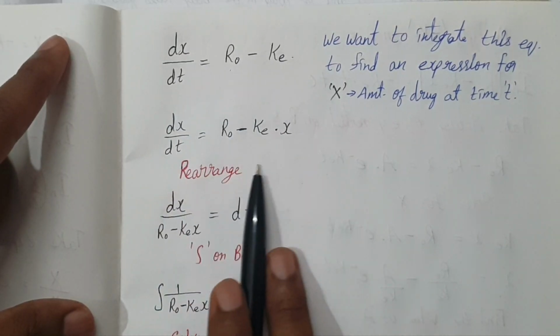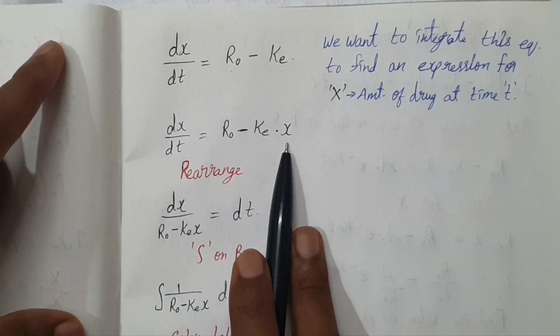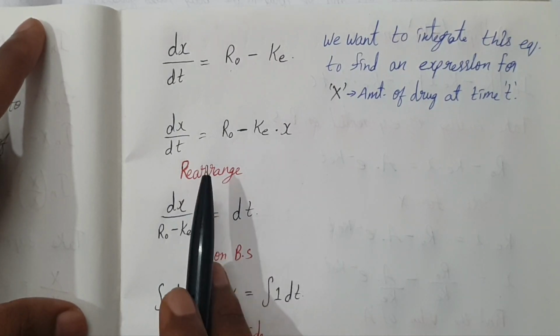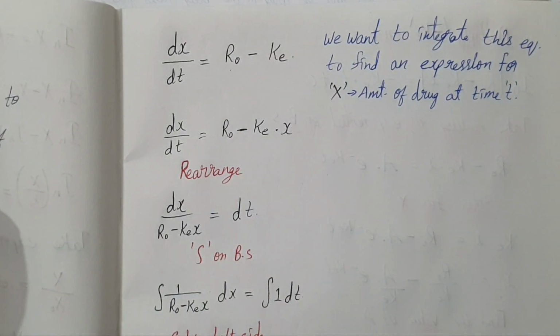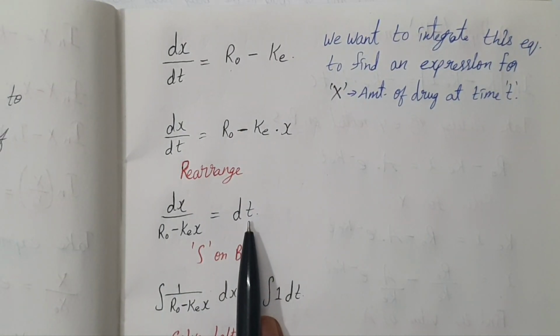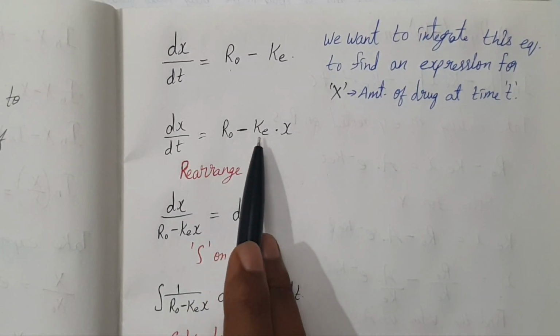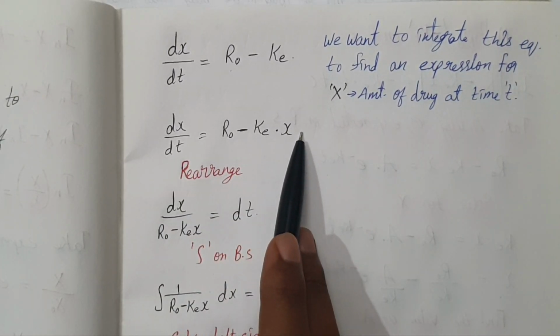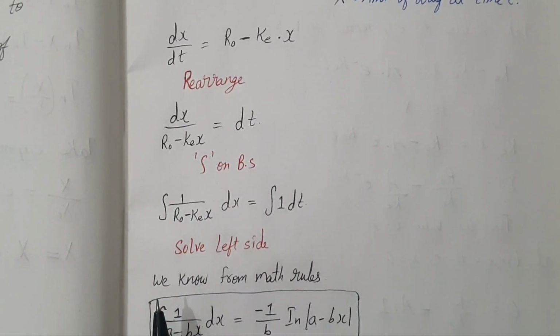After that, we rearrange it: X terms on the left hand side and t terms on the right hand side, so this whole term comes in the denominator and goes to the right hand side.